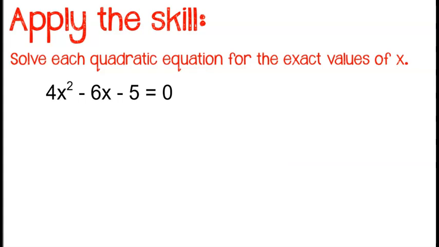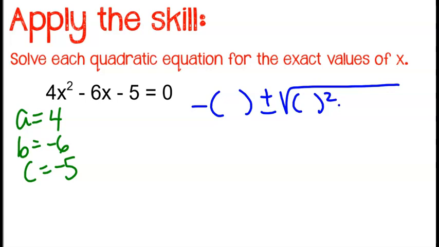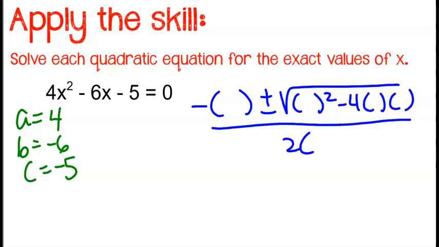Let's try this one more time. Identify your a, b, and c values. Erase and replace those letters in the quadratic formula, which is negative b plus or minus the square root of b squared minus 4ac all over 2a.